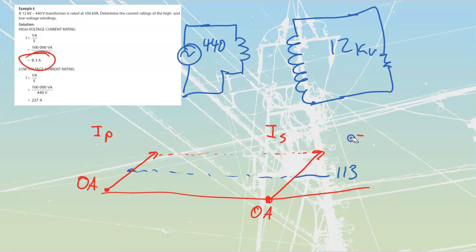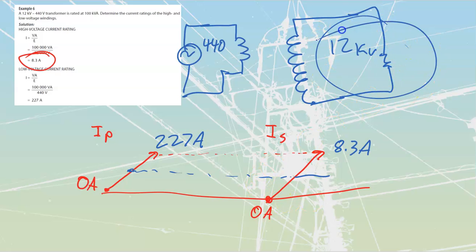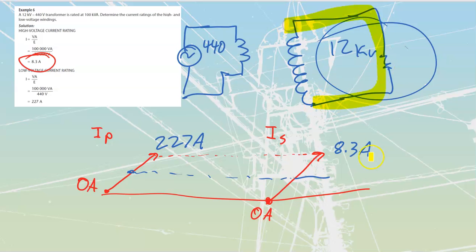Now all it's going to be is that my secondary is this rating, the 12 kV rating, which ranges between a value of 0 to 8.3 amps, that's maximum, and this one over here is going to have its maximum of 227 amps. Once again, based upon what I have connected on my secondary side here. The secondary load is going to cause secondary current, which is then going to get translated across to my primary side.